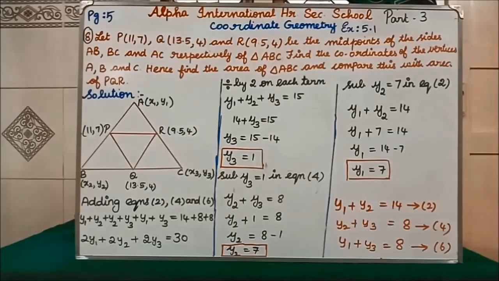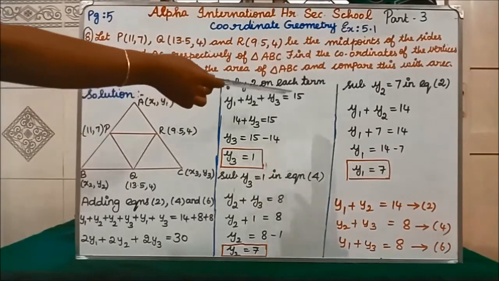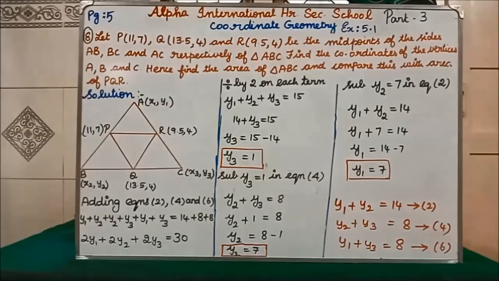Why we are adding equations 2, 4 and 6 is to get y1, y2, y3 values. Clear? Now 2y1, 2y2, 2y3 equal to 14 plus 8 plus 8, which is 30. Each term we are going to divide by 2. See, divide by 2 on each term. y1 plus y2 plus y3 equal to 15.